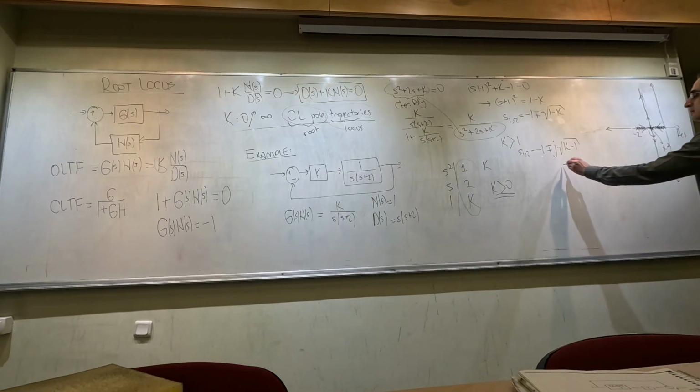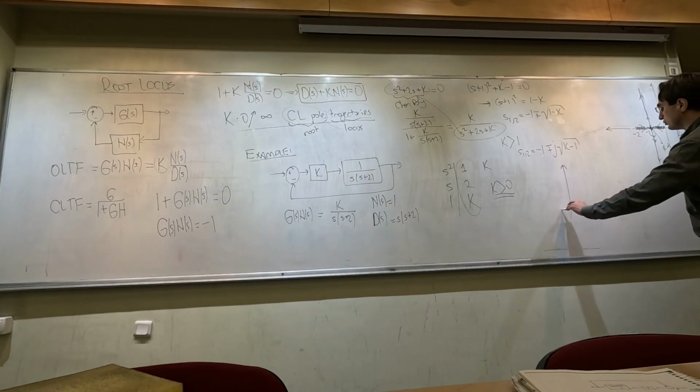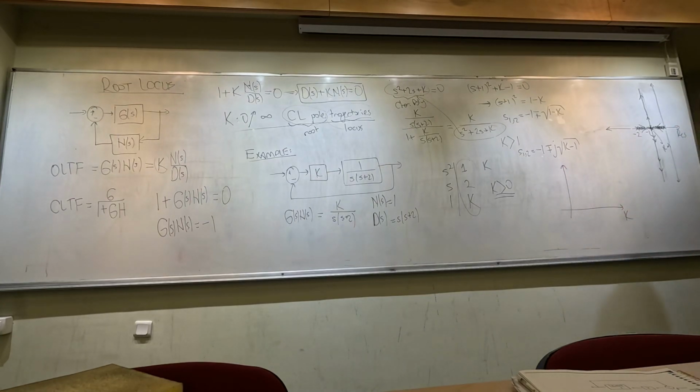So by looking at this Routh locus, what can you tell me about the settling time of the system as k changes between 0 and infinity? If k is 0, then the settling time is infinite because there is a closed loop pole on the imaginary axis.